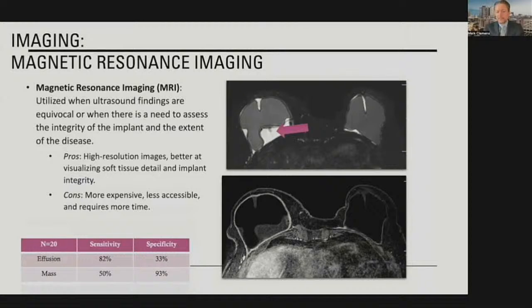As you can tell on the top, we have a large fluid collection around a breast implant. On the bottom, we have a thickened capsule, not necessarily a sign of BIA-ALCL, but suspicious because there's so much asymmetry between one breast and the other. MRIs are more expensive, patients usually have less accessibility to these tests, and it usually requires more time. Therefore, ultrasound, which has the best sensitivity and specificity, is usually our preferred modality.